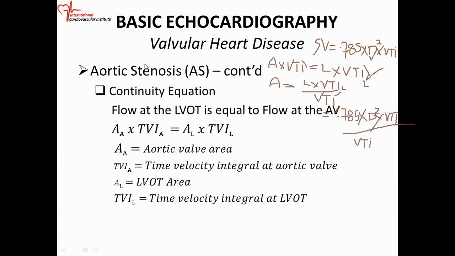Okay, so we showed you how we develop the equation. The flow across the aortic valve is equal to the flow across the left ventricular outflow tract. There is no leak in the heart.